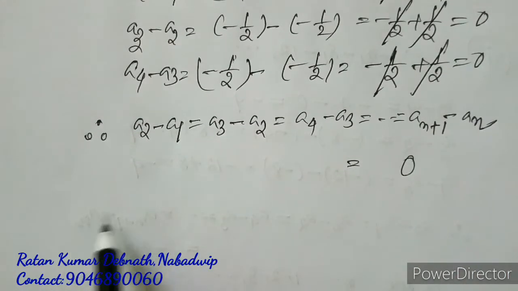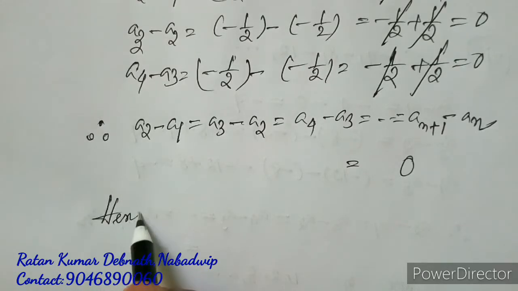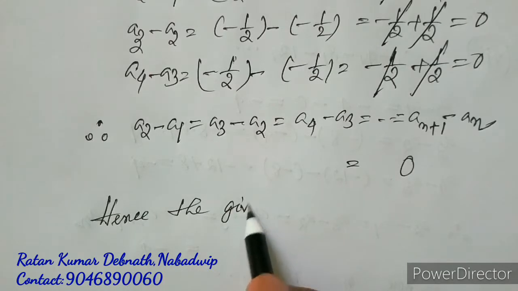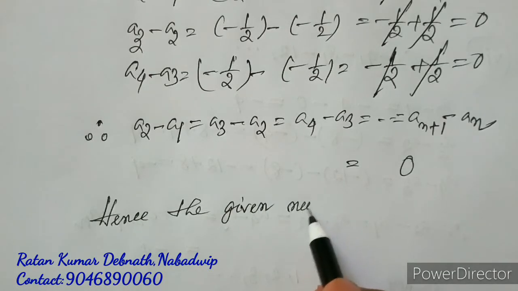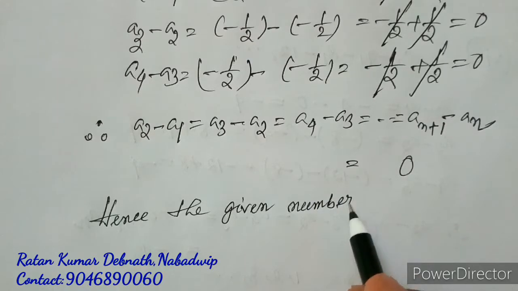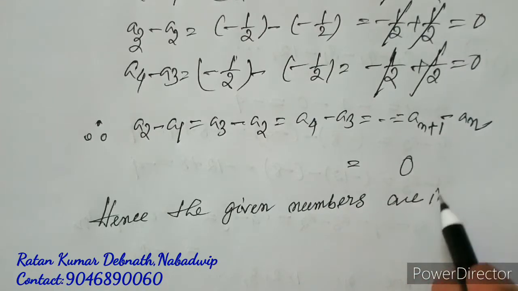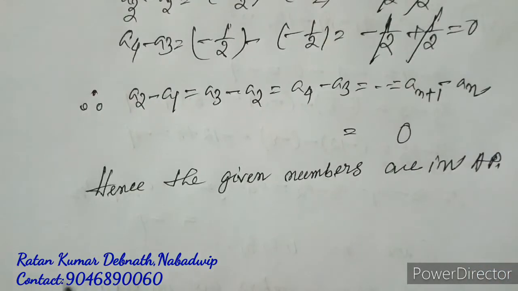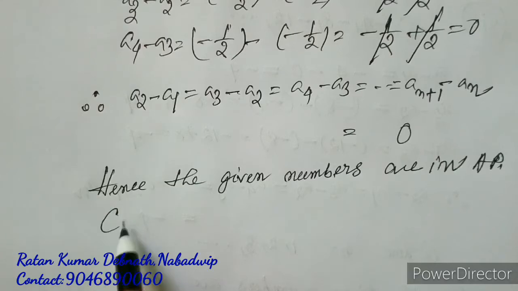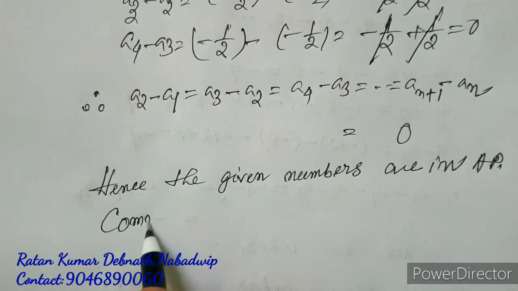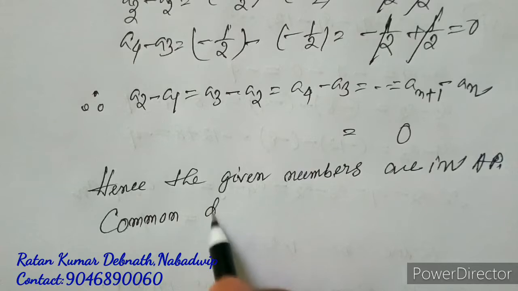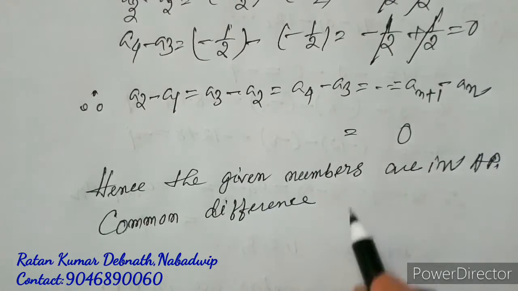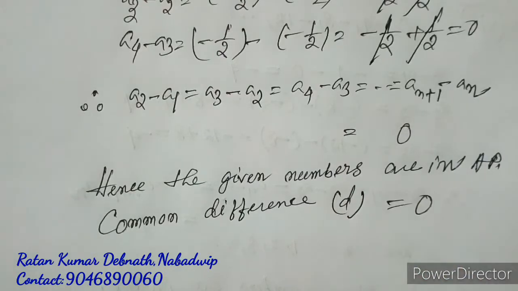Hence the given numbers are in AP, and common difference, that is D, equal to 0.